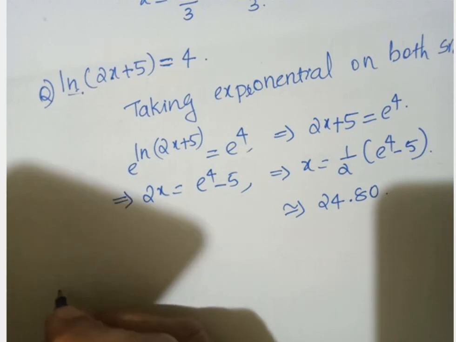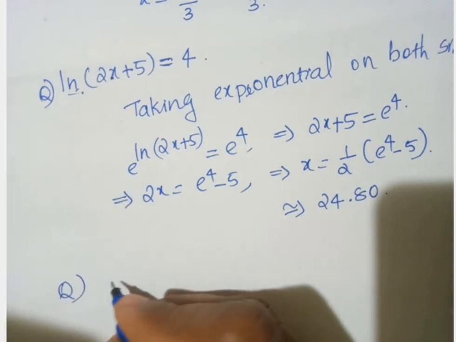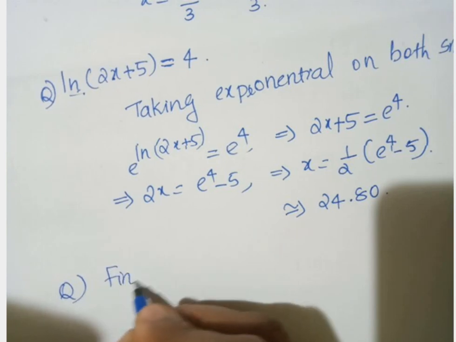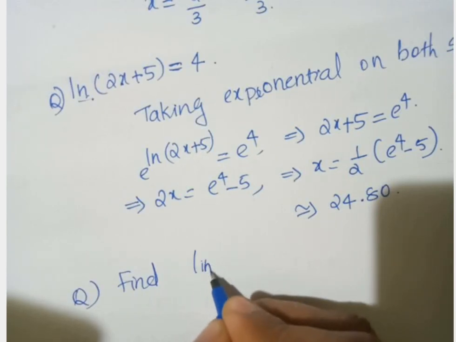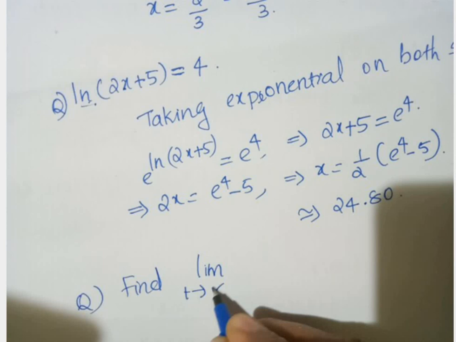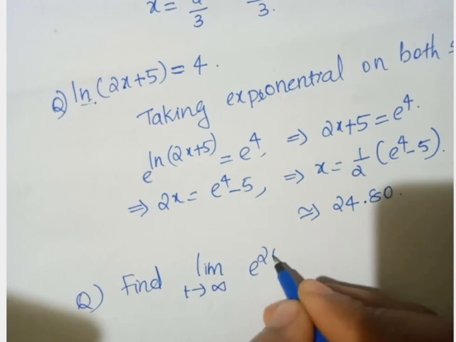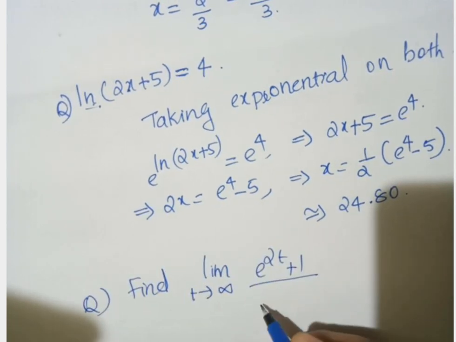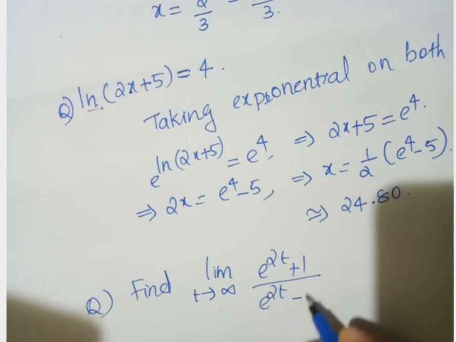So move on to the next problem using the properties of the natural exponential function. The next question I'm going to do is to find the limit as t tends to infinity of (e raised to 2t plus 1) divided by (e raised to 2t minus 1).